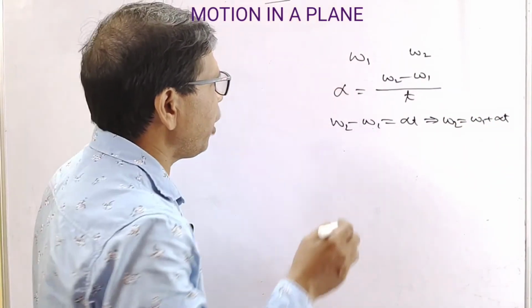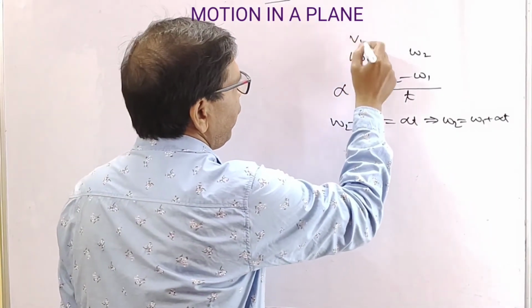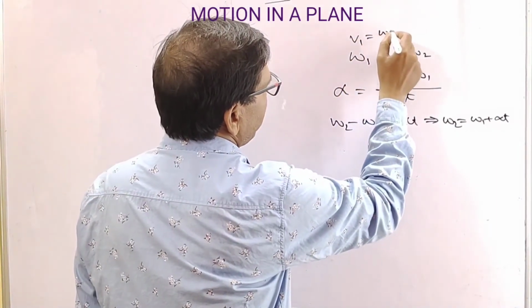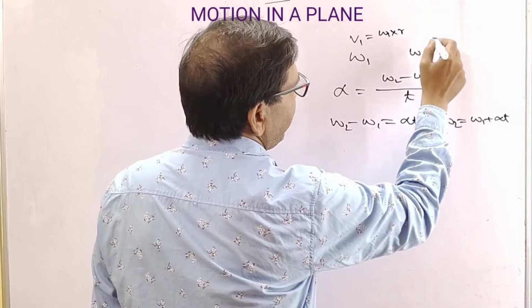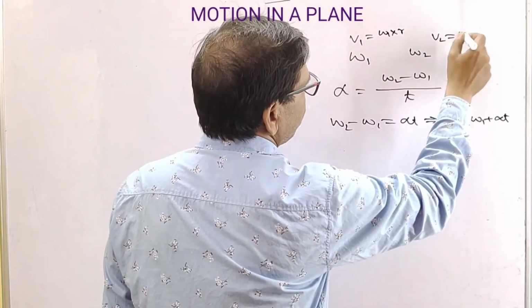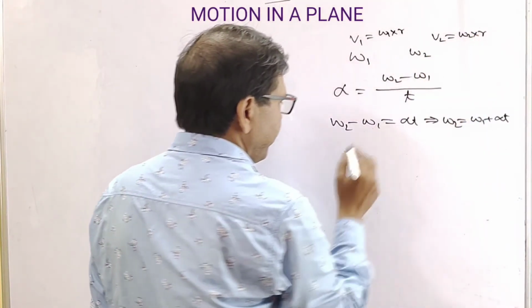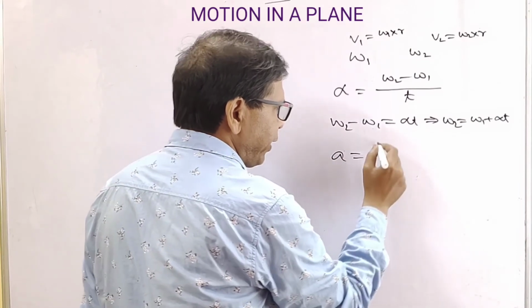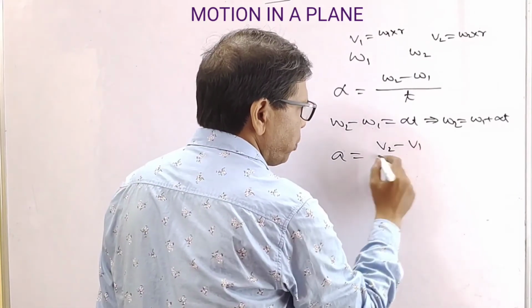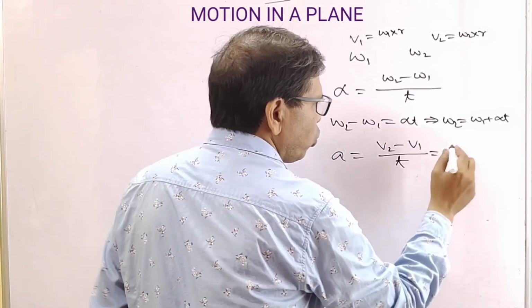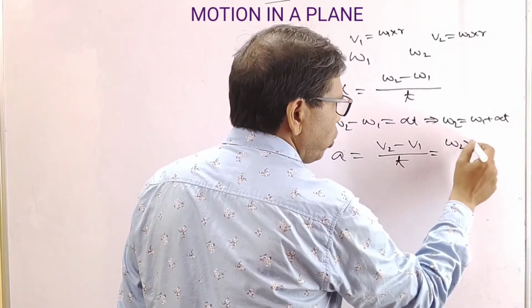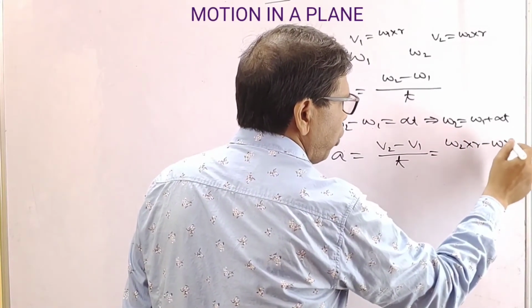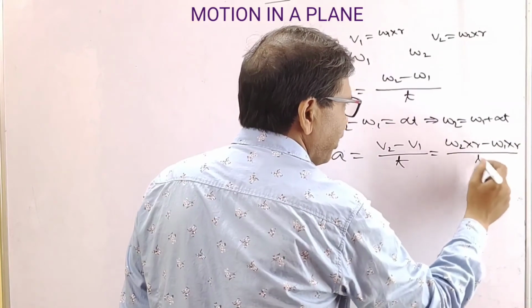If the initial linear velocity is v1, then v1 equals omega 1 into r, and the final linear velocity v2 equals omega 2 into r. Then the linear acceleration is v2 minus v1 divided by t, which is omega 2 into r minus omega 1 into r divided by t.